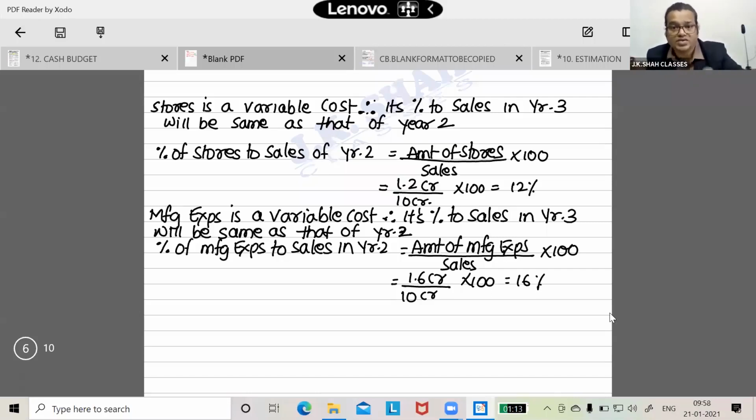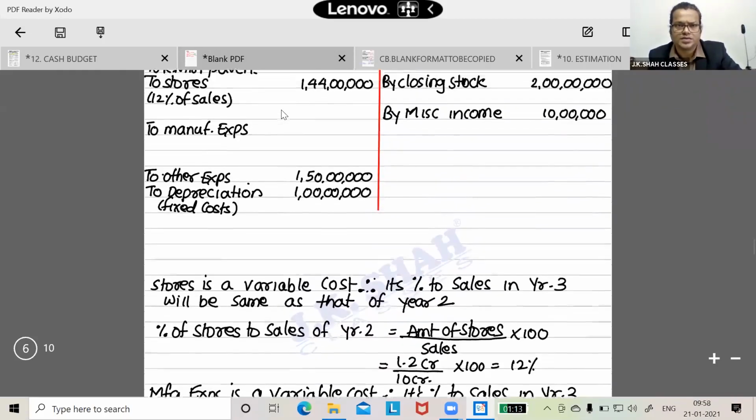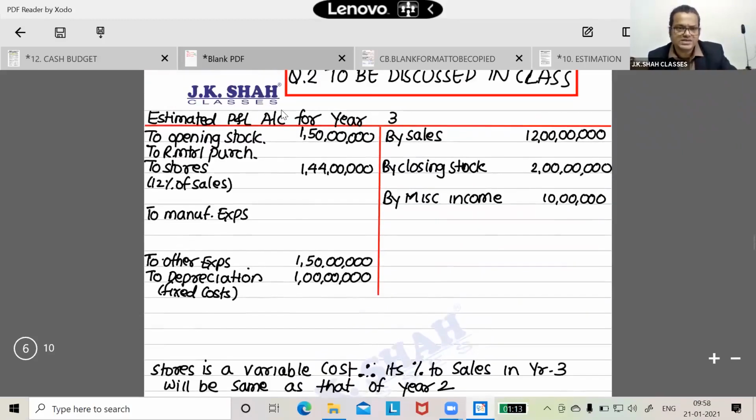Now I will use the same percentage. So in manufacturing expenses, I will say 16% of sales. 12 crore is our sales, right?